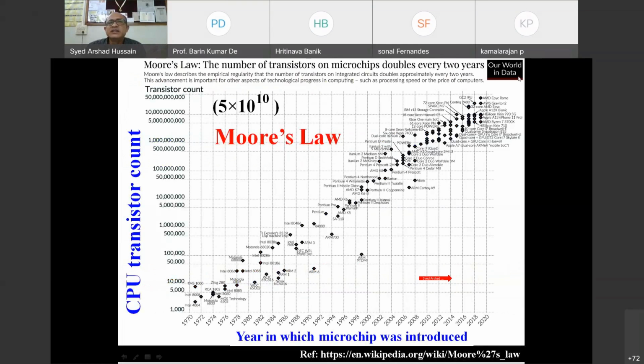You can see in this graph, this is a plot of the number of transistors in a CPU with the year of evolution of the corresponding chip, and you see it's almost linear. And now we are here. In your chip, we may have roughly 5 into 10 to the power 10 transistors.